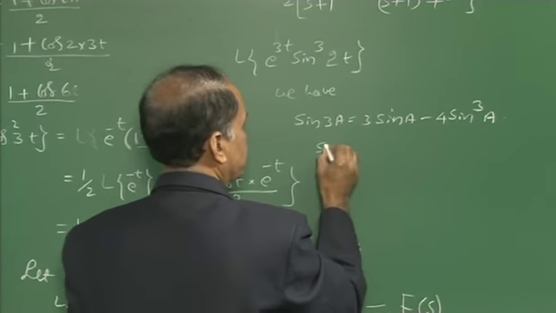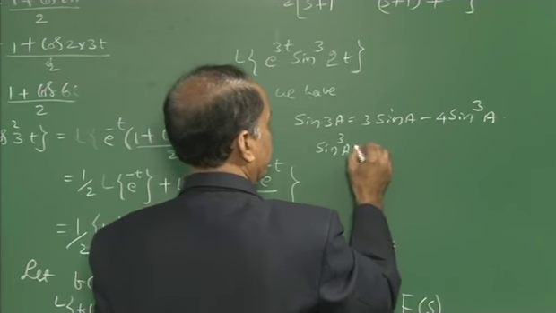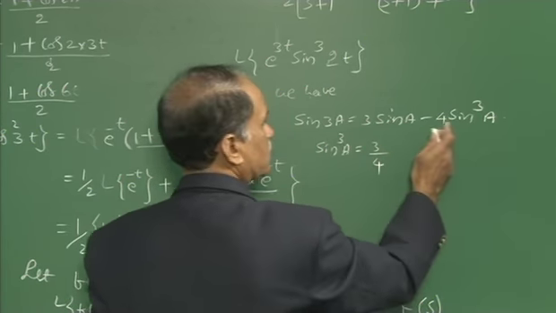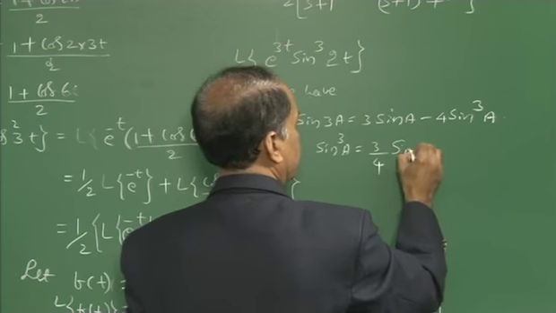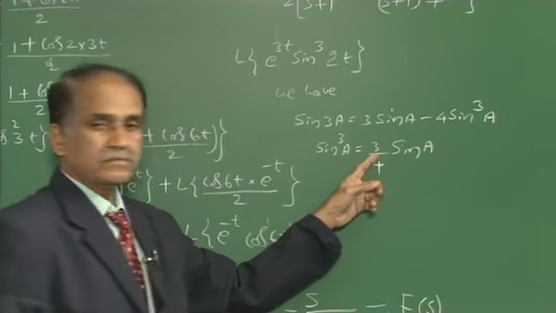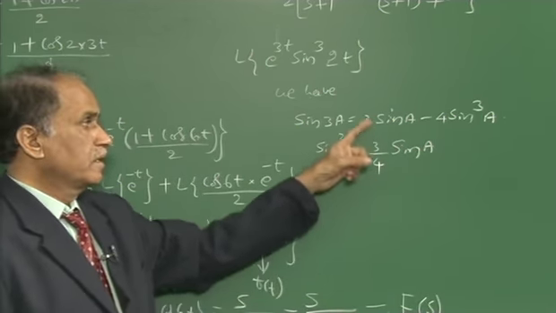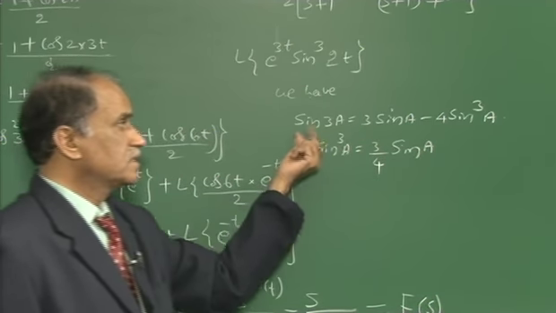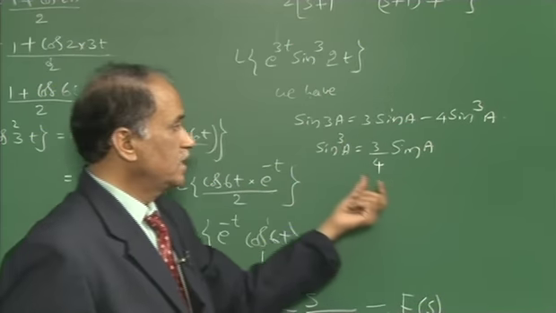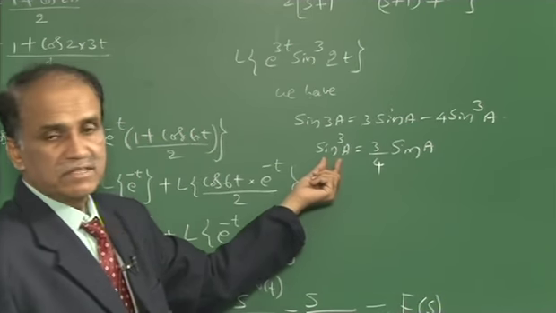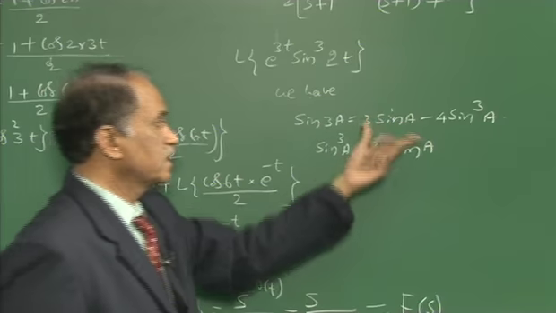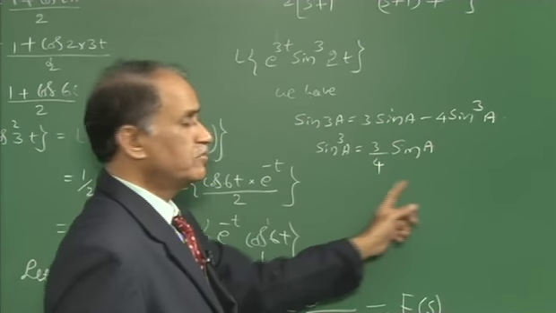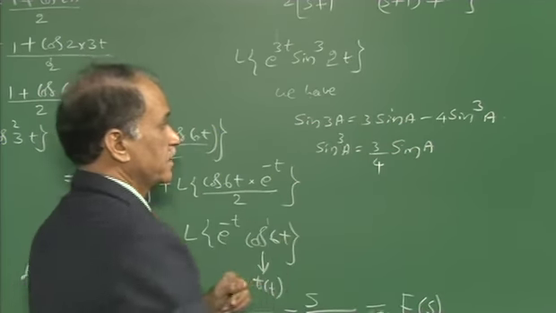Sine cube a is equal to, because 4 comes to the denominator, when you take the whole product to the left side and shift the rest to the right side, you can write only sine cube a on the left side and sine 3a on the right side. Therefore 4 should be divided for both the terms on the right side.